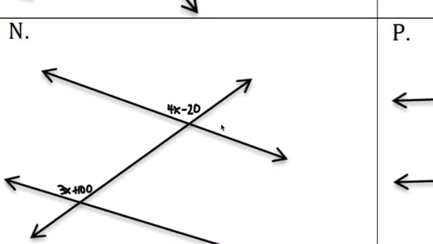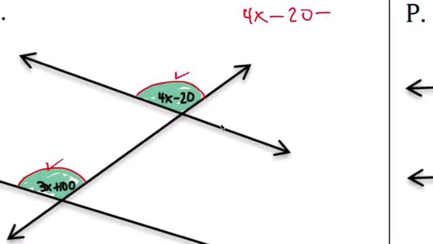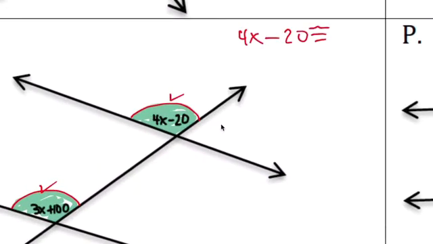Where these two, if you look at it, they are corresponding angles. They are congruent. Those two there look exactly alike. Okay, so we call this corresponding angles. They sit in the same spot, right? Anything corresponding, they're congruent. They're equal to each other. So you set it up as 4x minus 20, that's this one, equal to or congruent to 3x plus 100, right?